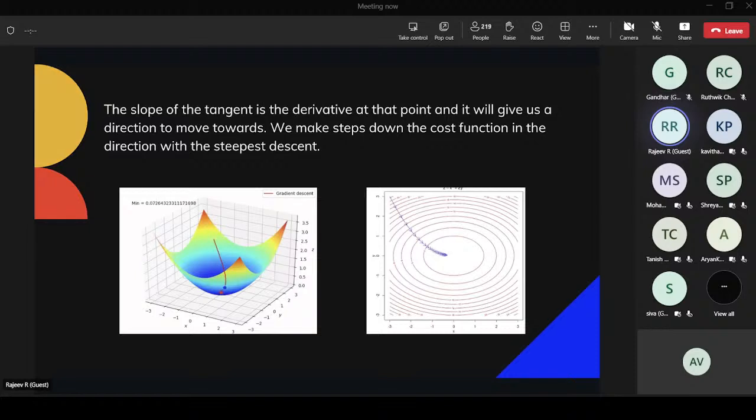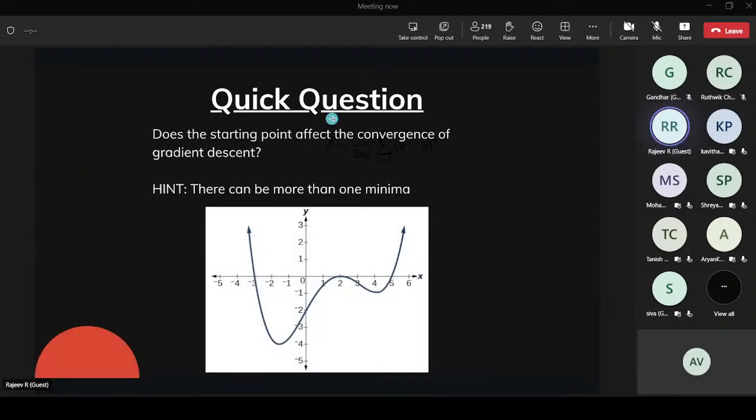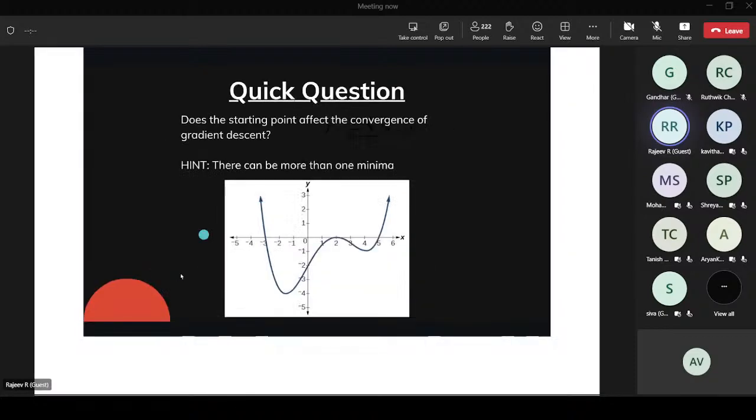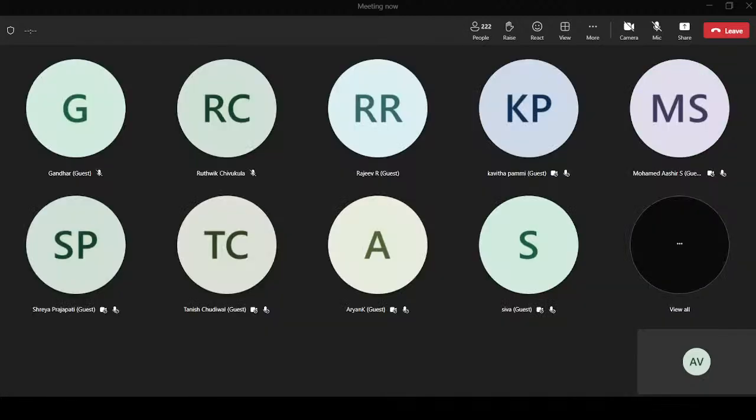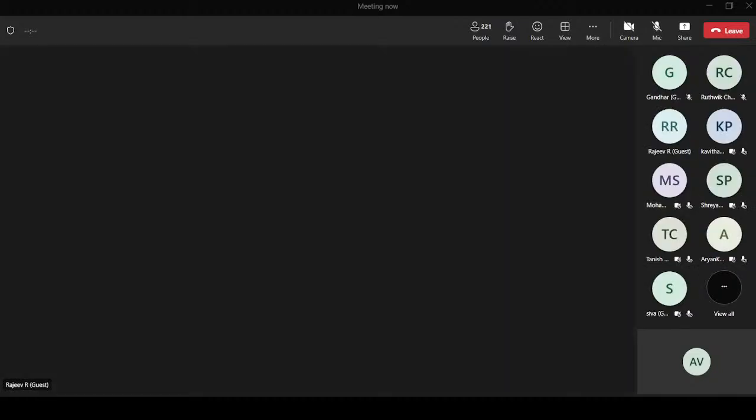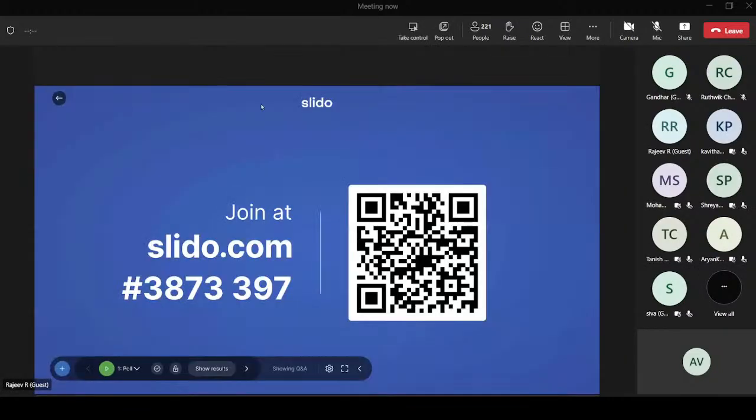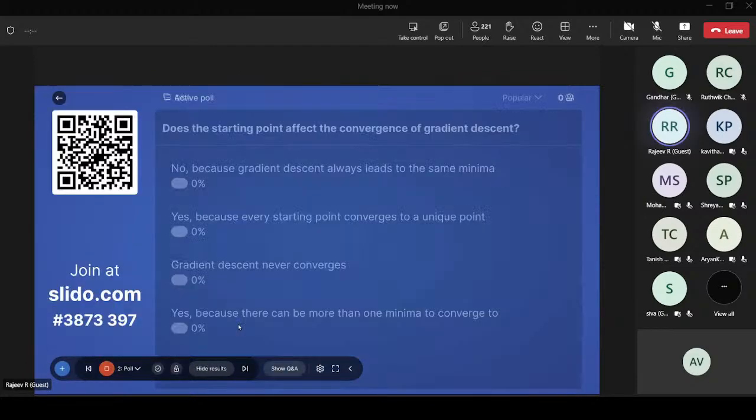Next we'll be having another quick question here. Assuming you understood what exactly gradient descent does, we'll be testing that understanding using this quick question. I'll be going to my Slido right now. All right, so we have question 2 here.